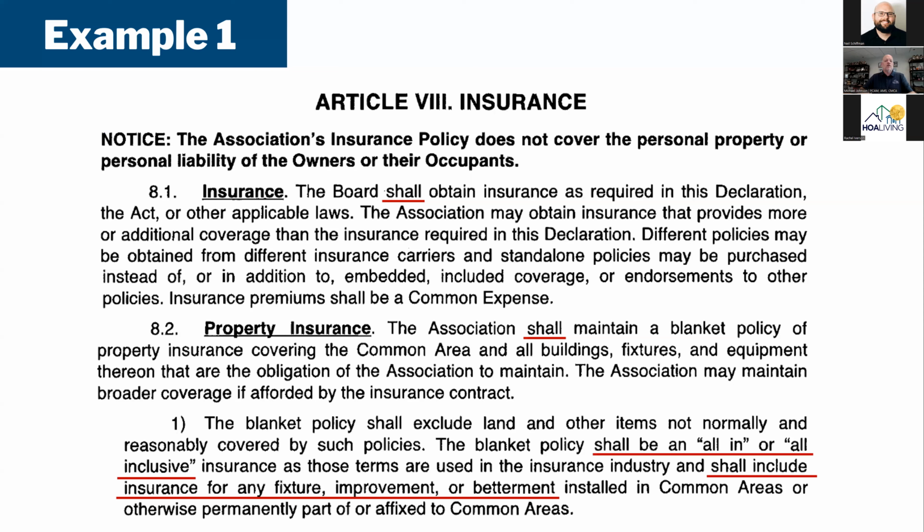The association shall maintain a blanket policy of property insurance covering all the common areas and all the buildings, fixtures, equipment. The blanket policy shall be all-in or all-inclusive, and you're also going to cover the fixtures, the improvements, and the betterments.